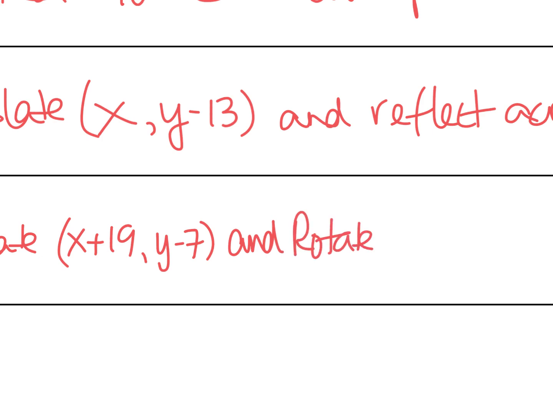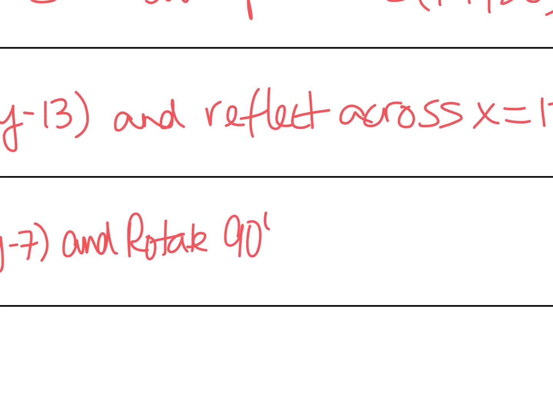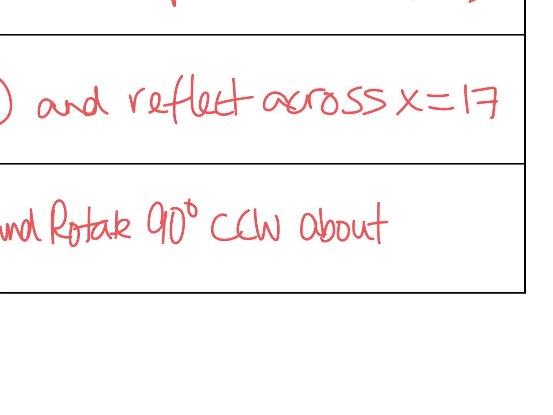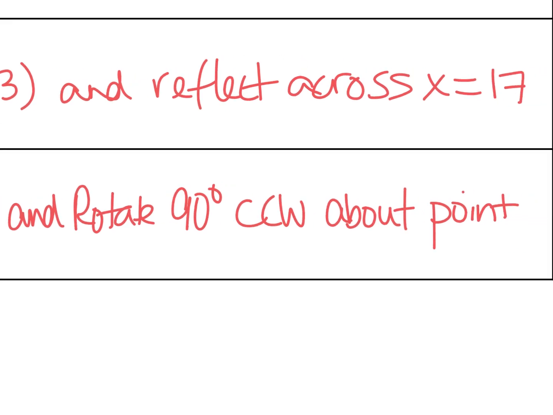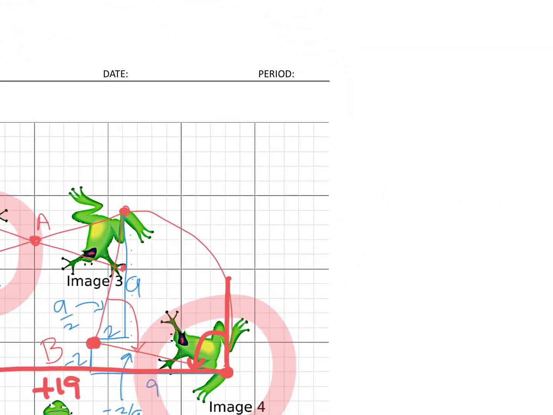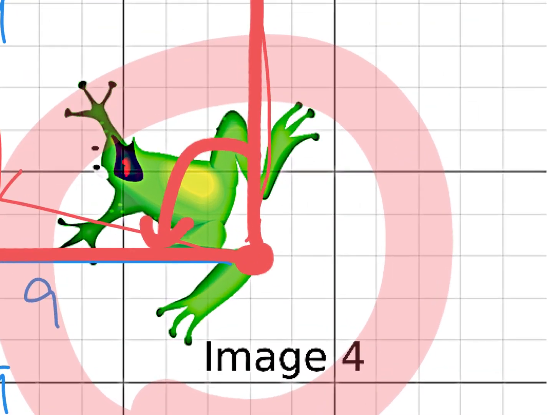We're going to do 90 degrees counterclockwise about, we'll call this point C, point C, with coordinates 28, 18, I think that is 28, comma 18. Okay, and I think that gets us there. I'll label this point here as C.